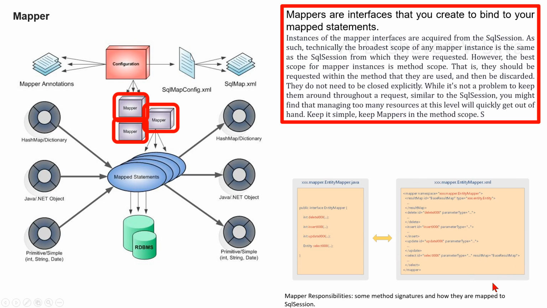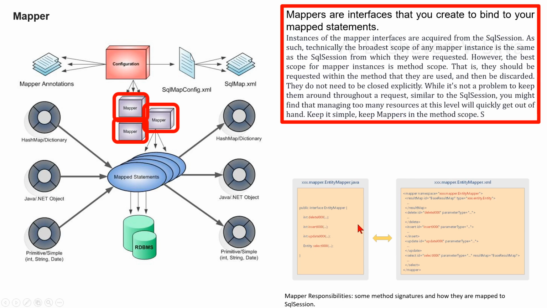MyBatis will generate a mapper instance through a dynamic proxy mechanism according to the method information declared by the corresponding interface.